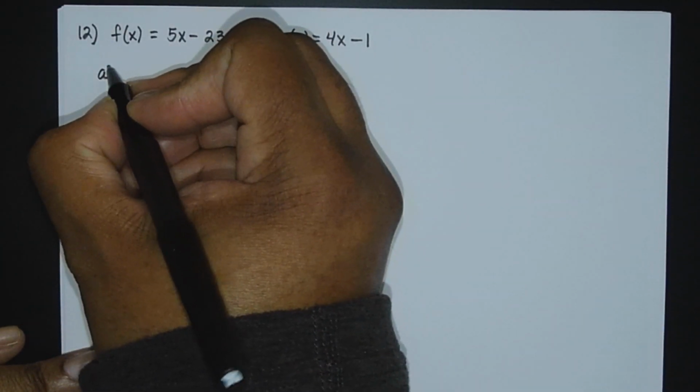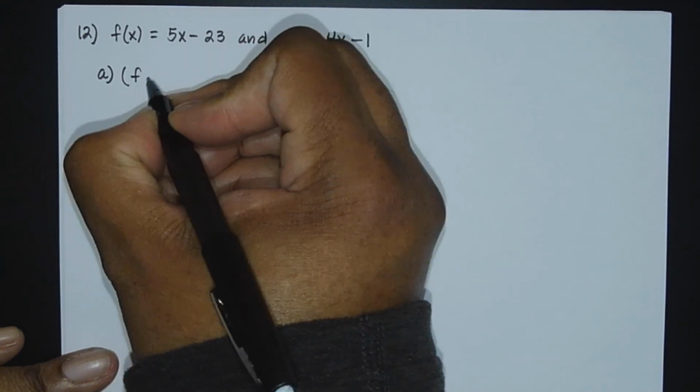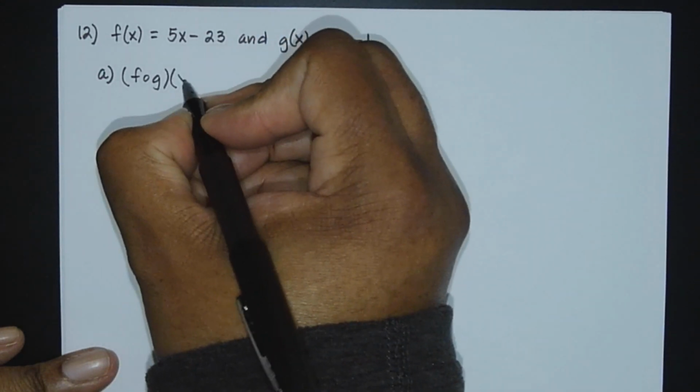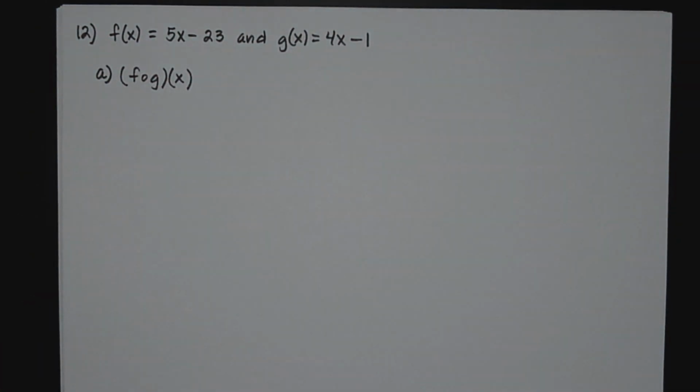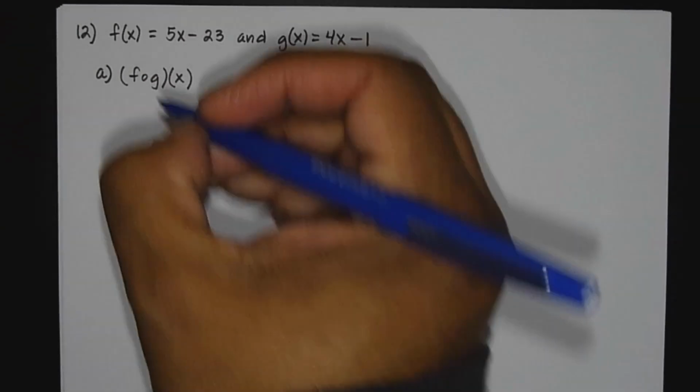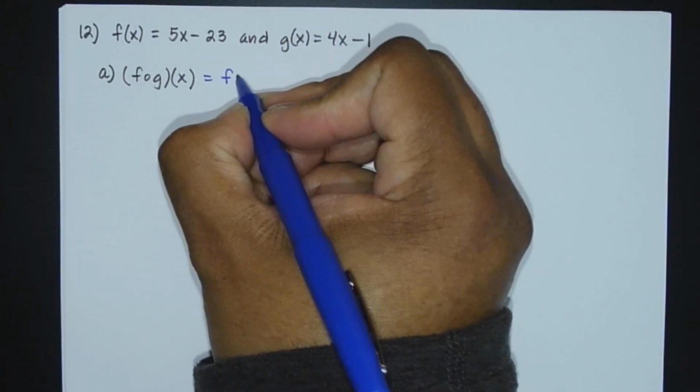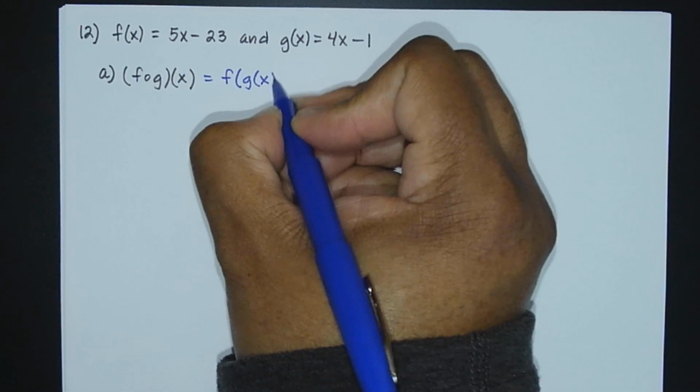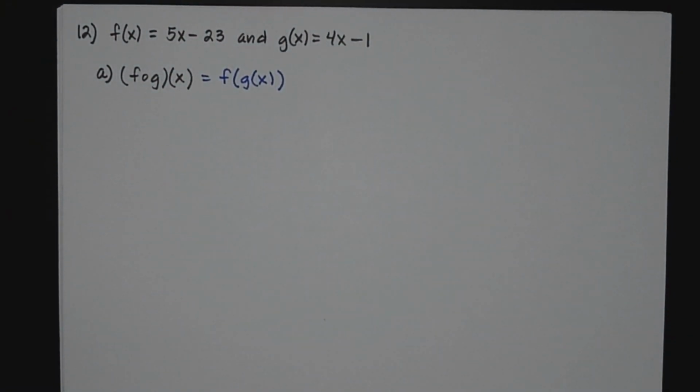Here we want to find, in part A, some people call it f o g, which is the composition of f with g of x. And the other one they call g o f, the composition of g with f of x. We'll start with the composition of f with g of x first, which means, if you write it using this notation, f of g of x, that the g of x function is the inside function, and f of x is the outside function.